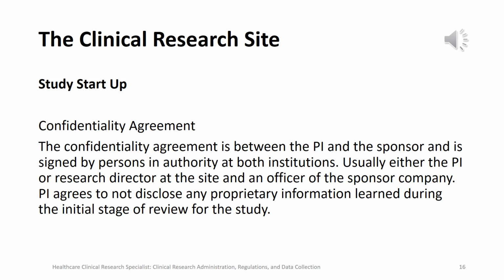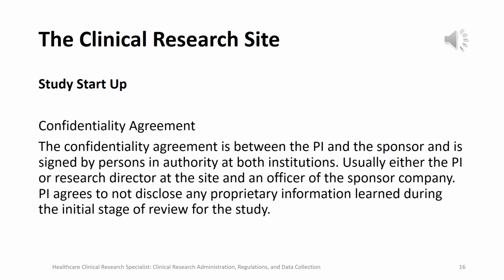Now, depending upon the size of the site, that could be the principal investigator themselves, or it could be someone that's responsible for all the research that's conducted at that site. They may be the one to sign that confidentiality agreement.